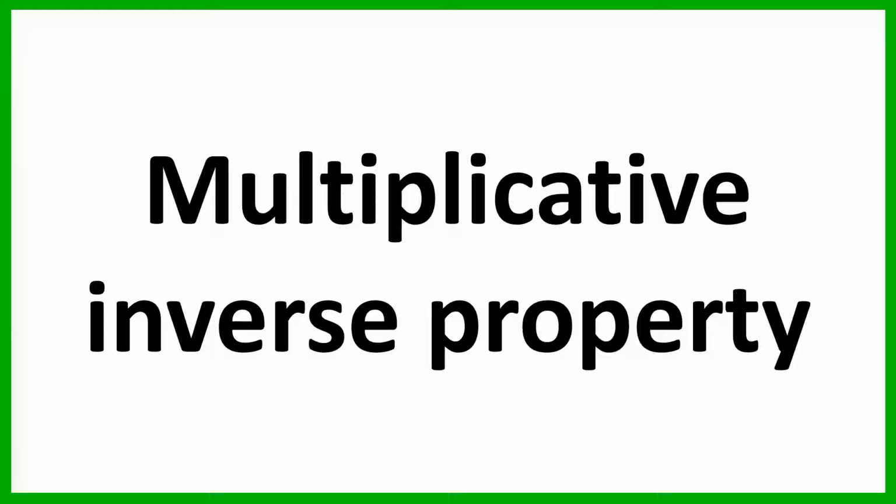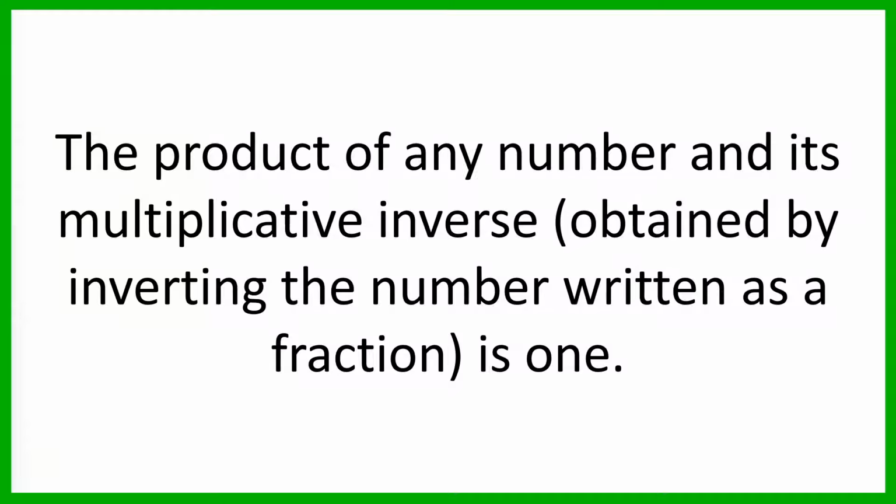Then the multiplicative inverse property is that if you take the product of any number and its multiplicative inverse, which is obtained by inverting the number written as a fraction, you will get 1. Okay? So if I have the number a and I multiply it by its inverse, where I take this a, write it as a fraction, which would be a over 1, and I invert it, it's going to be 1 over a.